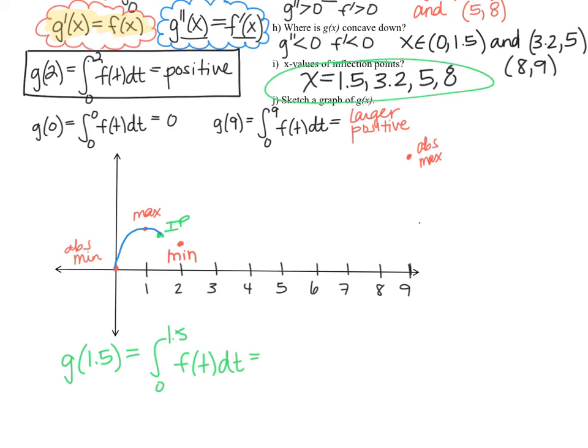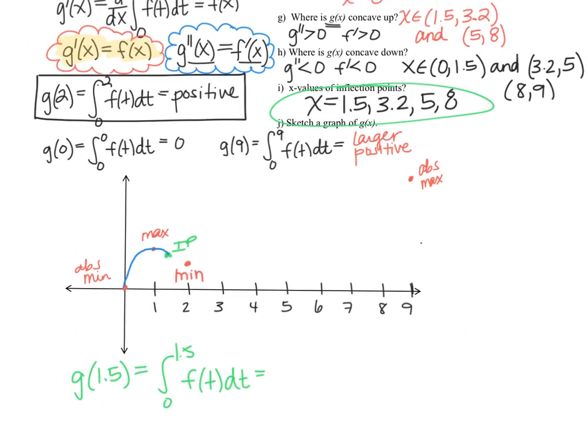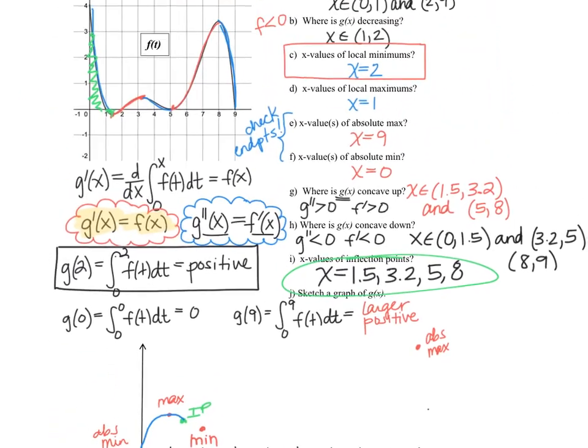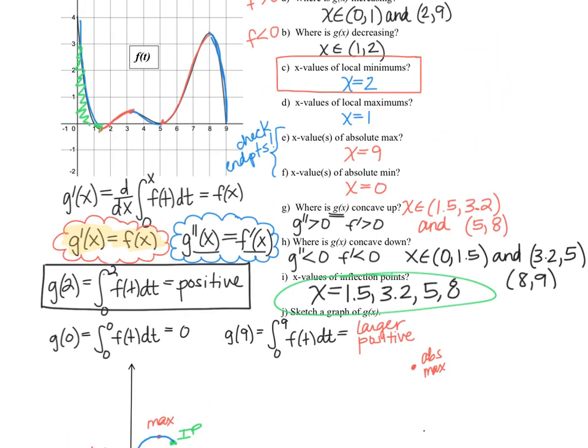And now we're going to change to concave up. And we're concave up all the way from 1.5 until 3.2. So let's think about what kind of a value we're going to have at 3.2. So what's g of 3.2 going to look like? The integral from 0 to 3.2 of f of t dt. So again, start accumulating that area all the way from 0, but this time let's go all the way to 3.2.